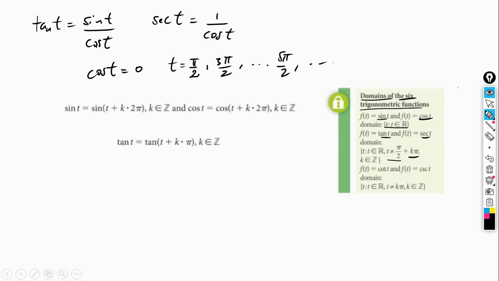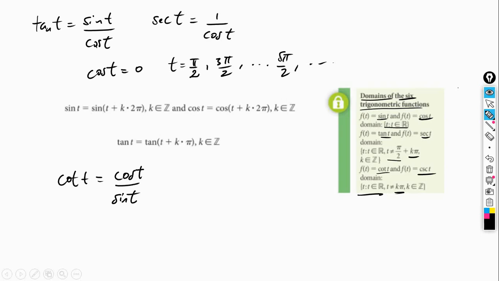In the case of cotangent and cosecant, we also have a limitation for the domain because it says all real numbers except multiples of k times pi. Why is that? Well, cotangent of t is equal to cosine of t over sine of t.